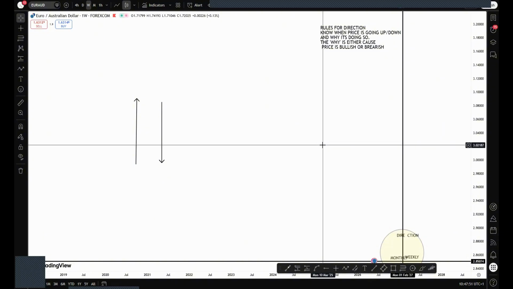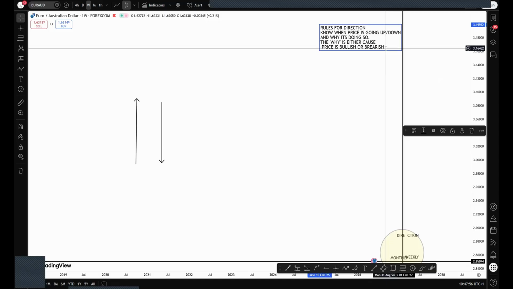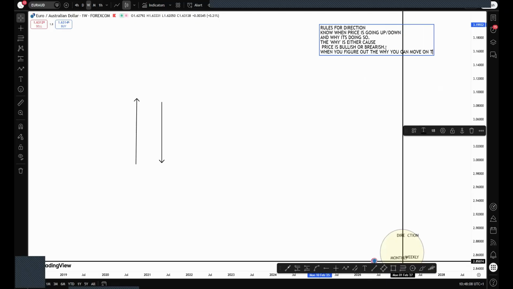So the why is because the price is bullish or bearish. You see? Then when you figure out the why, you can move on to the next step. So these are the only few things you need for your analysis.